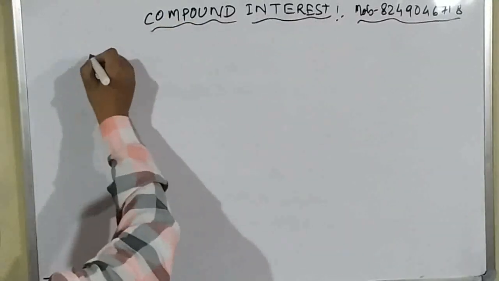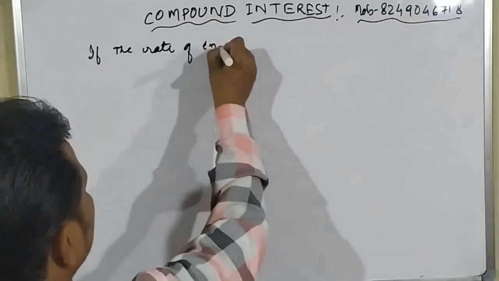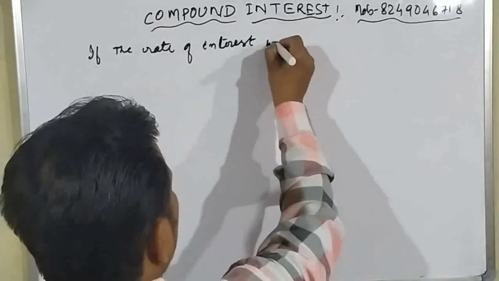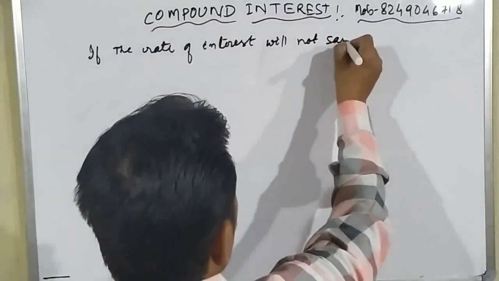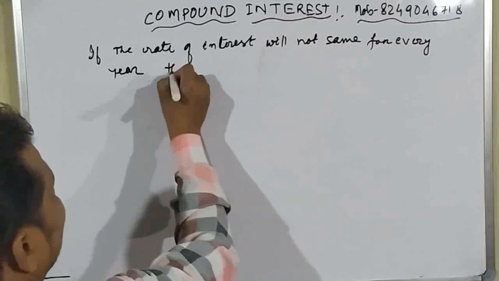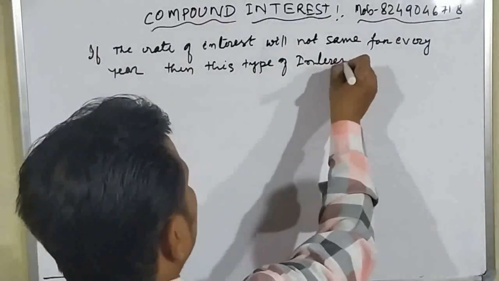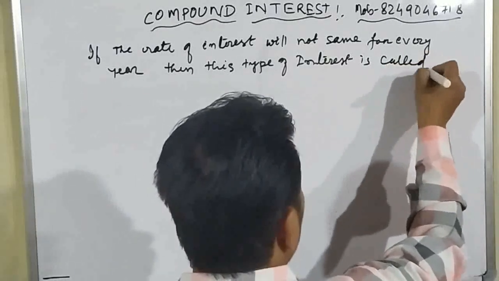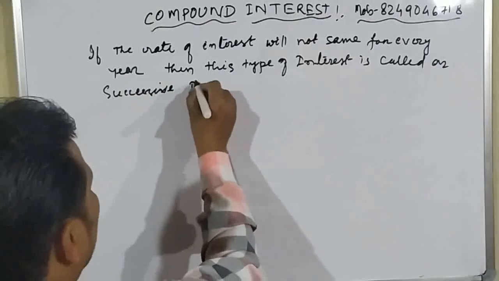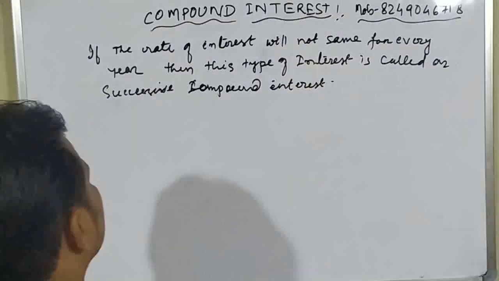So if the rate of interest will change, will not be the same for every year, then this type of interest is called successive compound interest.